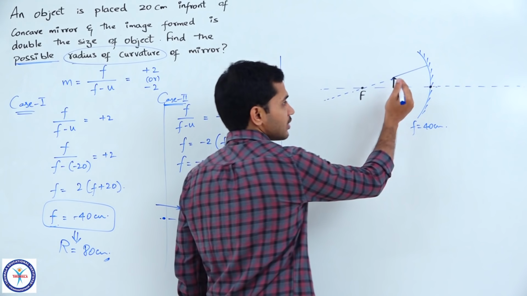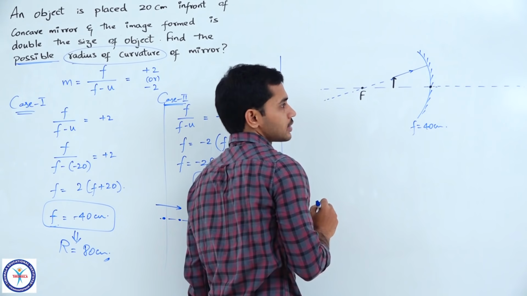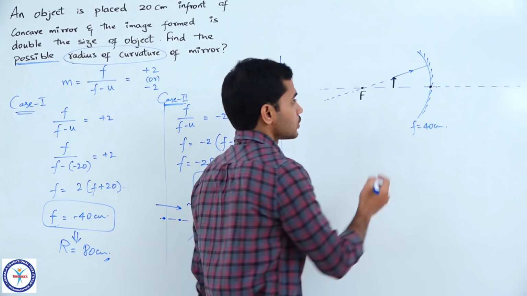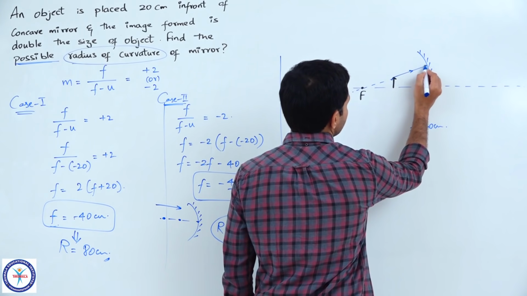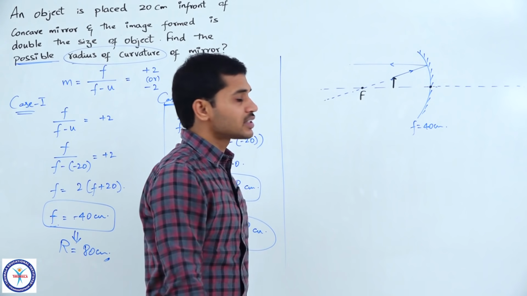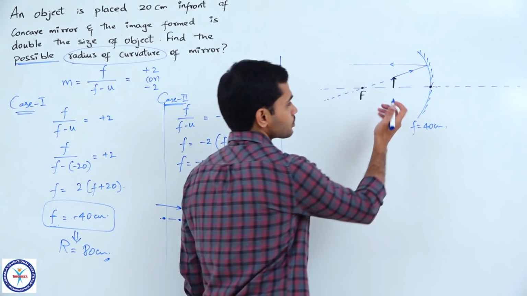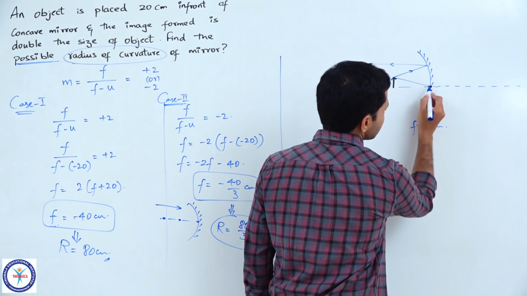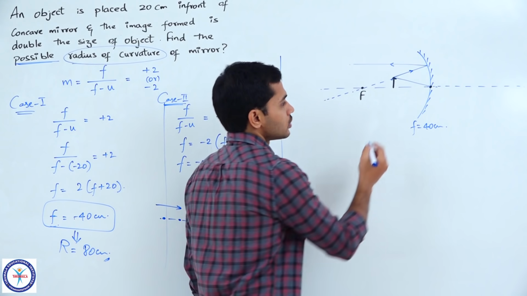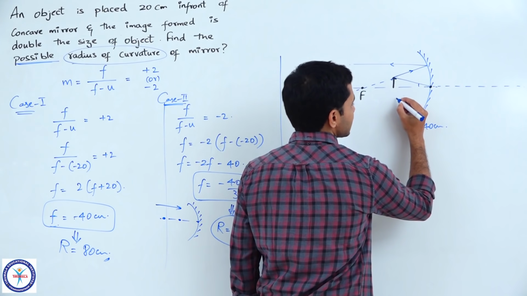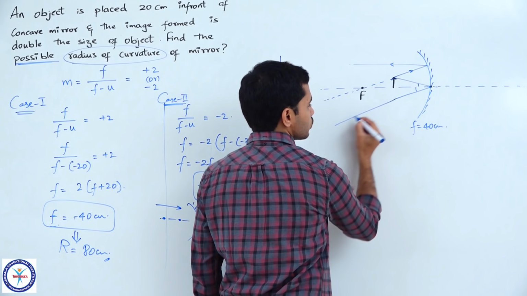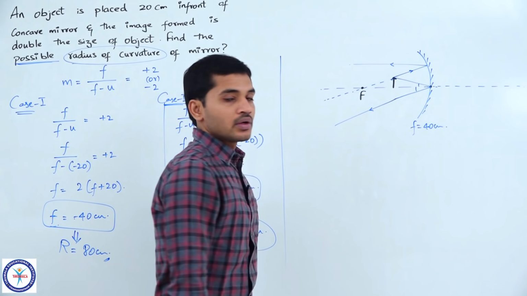This is the incident ray which is passing through the focus, and you know that after reflection this light ray becomes parallel to the principal axis. You can consider one more light ray. I will take another light ray which is directly incident on the pole. Whatever is the angle, at the same angle I can take one more reflected ray, which would be like this, right.